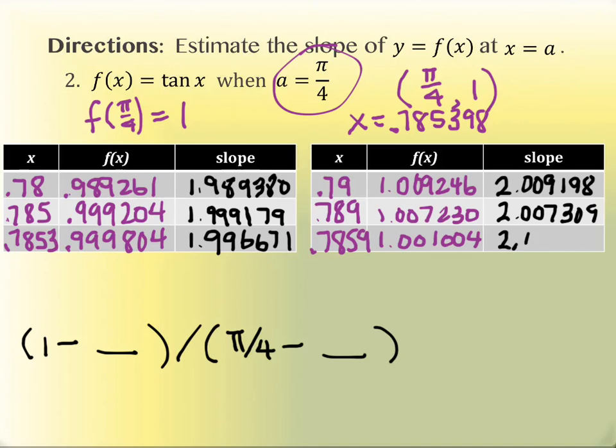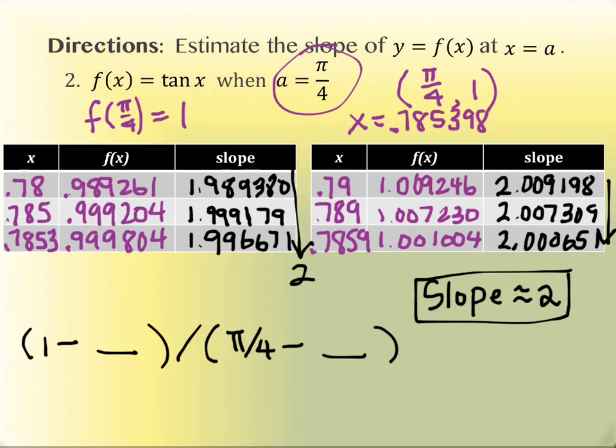And this value is 2.000651. What do you think? Is it 2? Yep. Yeah, looks like 2 to me. All right, so all of these appear to be getting closer to the value of 2. So we will say that our approximation, our guess, our estimation is that the slope is approximately 2.